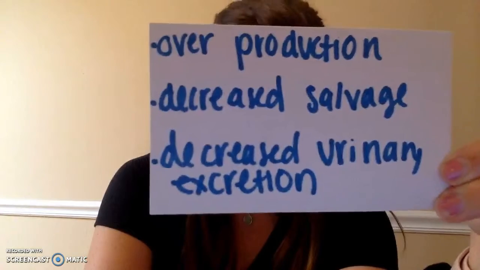Okay, so we're going to look first at overproduction in the amount of purines. So in an overproduction of purines, this would increase the amount of glucose 6-phosphate, and that would increase the amount of ribose 5-phosphate, which would increase the amount of purines that were present.